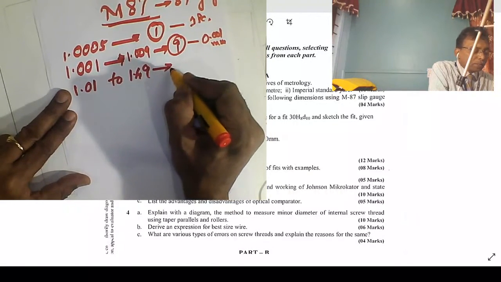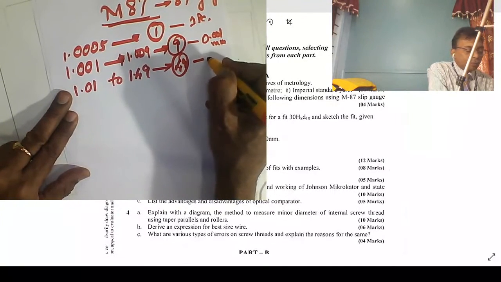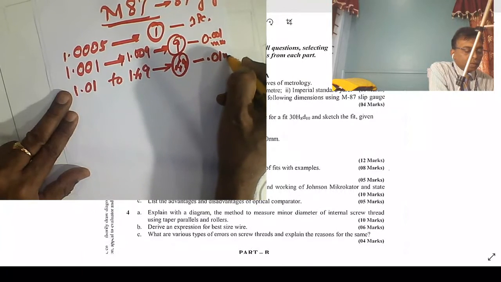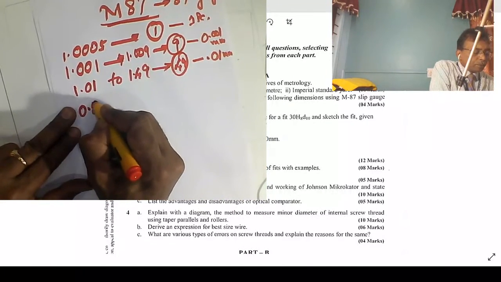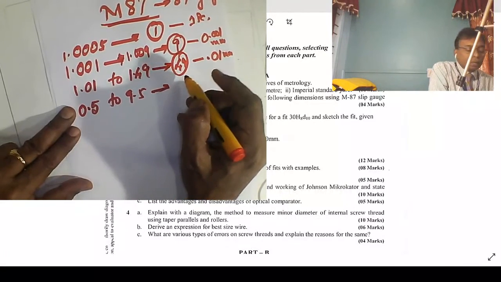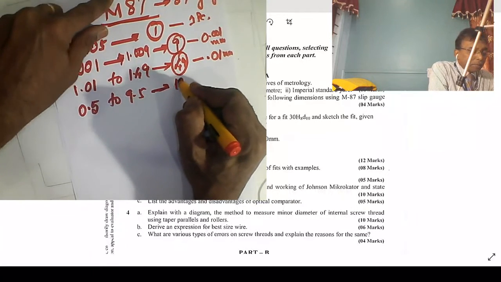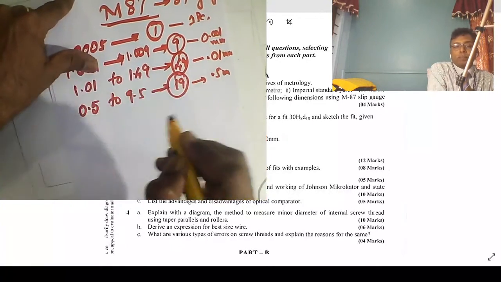Next, these are 9 pieces. These are 49 pieces in the range of 0.01 mm. Okay. Next, 0.5 to 9.5. These are totally 19 pieces in the range of 0.5 mm. Okay.